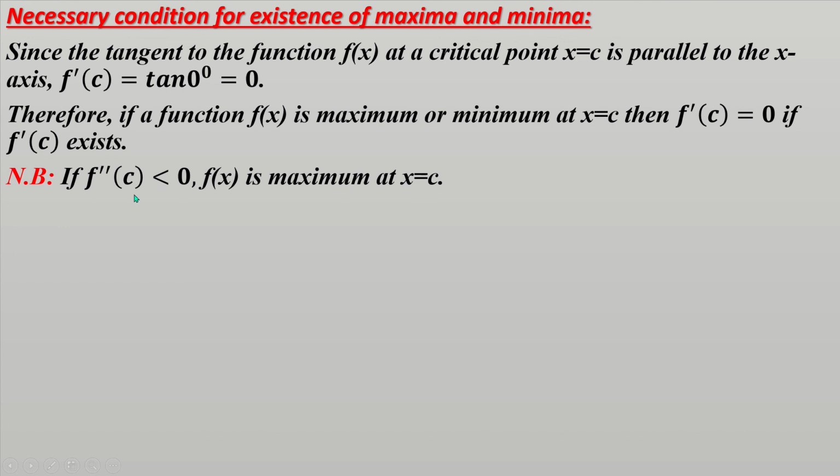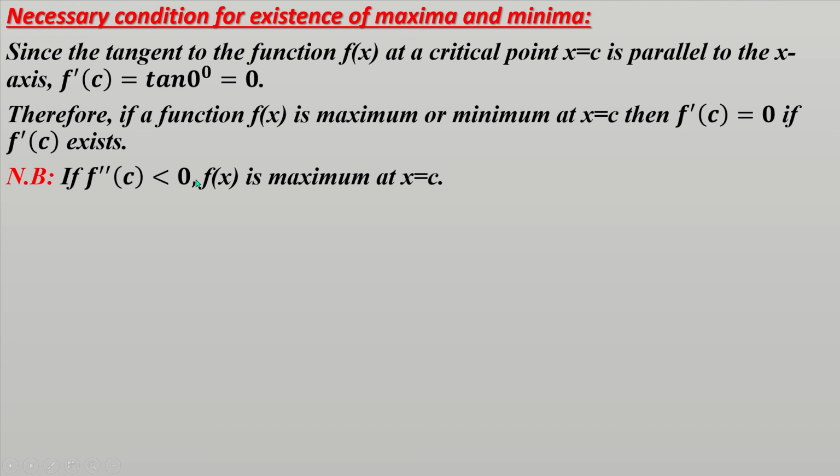Note that f double prime c, meaning the second derivative, is the acceleration. Acceleration less than 0 means the direction will be upper side. Upper side is negative, like acceleration due to gravity.